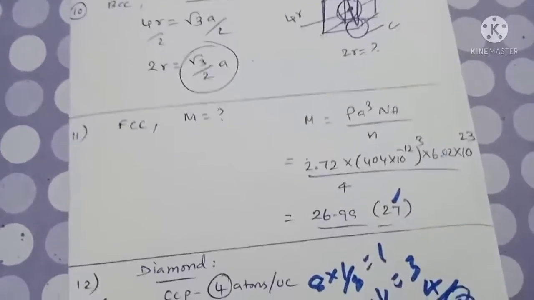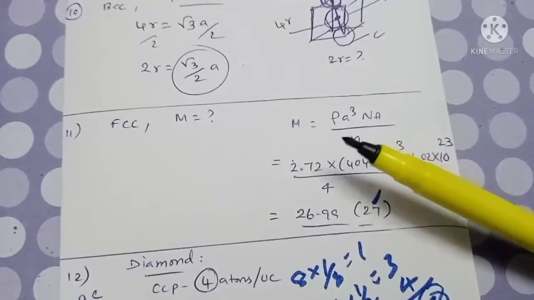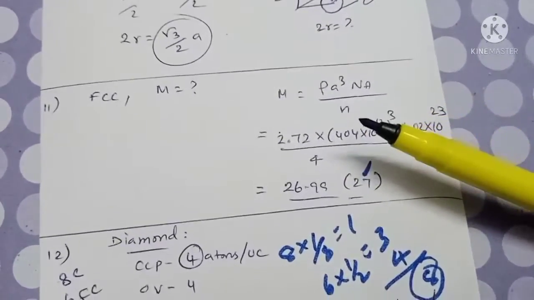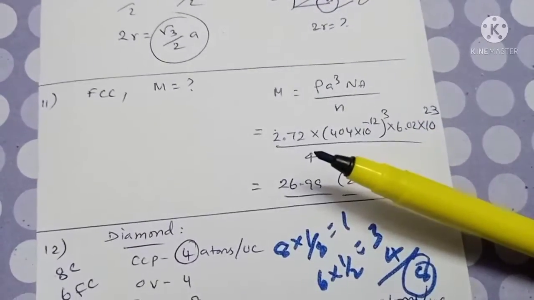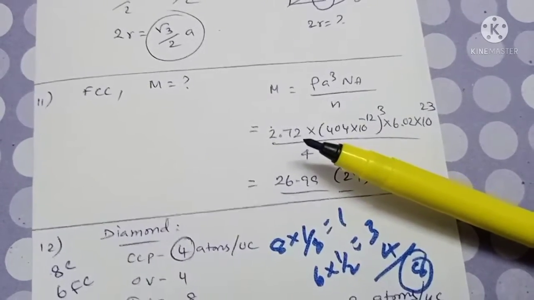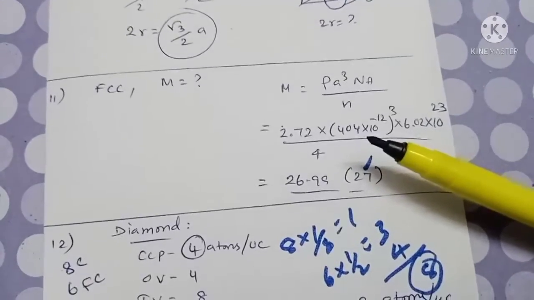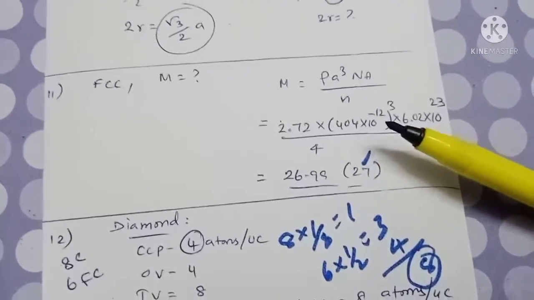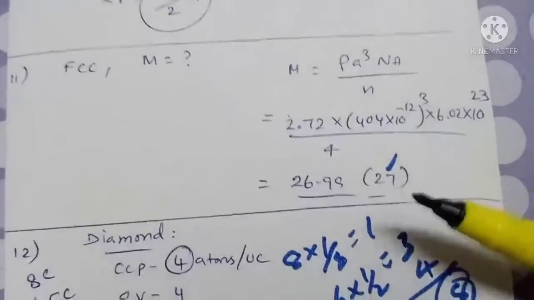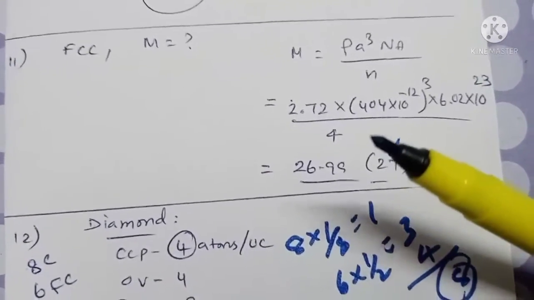So it is an FCC lattice, and you are going to find the molar mass. After rearrangement, you get the formula M is equal to rho into a cube into Na divided by small n. Density is given in the question, 2.72 gram per cubic centimeter, into the edge length 404 picometer, which is 404 into 10 power minus 12 meter, the whole cube, into the Avogadro number, divided by 4, since this is an FCC system and the total number of atoms per unit cell is 4.